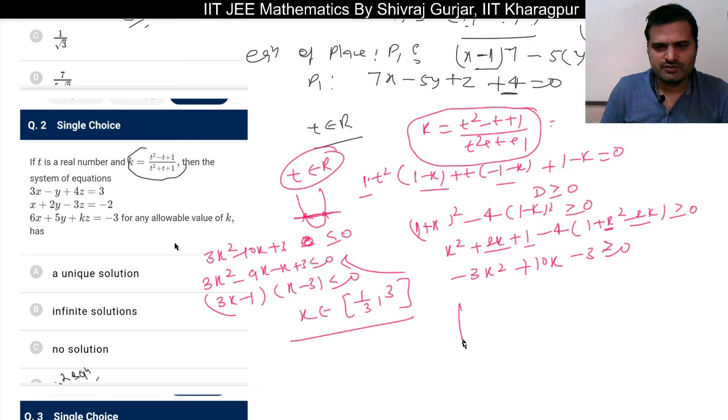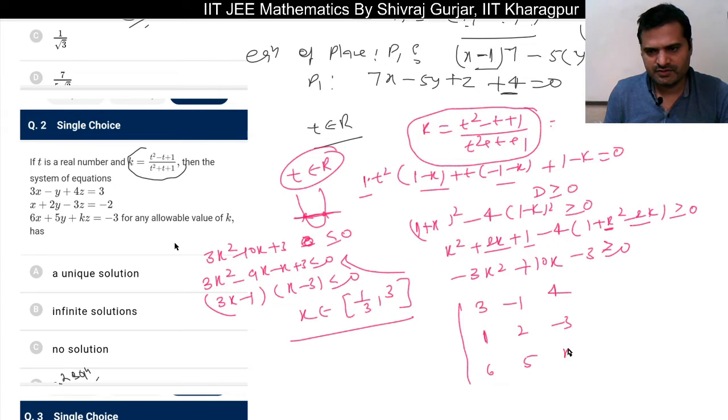Now if we want to know whether it will have a unique solution, infinite solutions or no solution, the first thing is to see what the value of its determinant is. 4 1 2 minus 3 6 5 k.